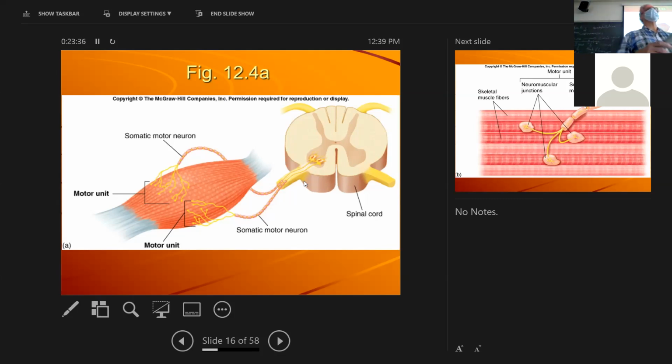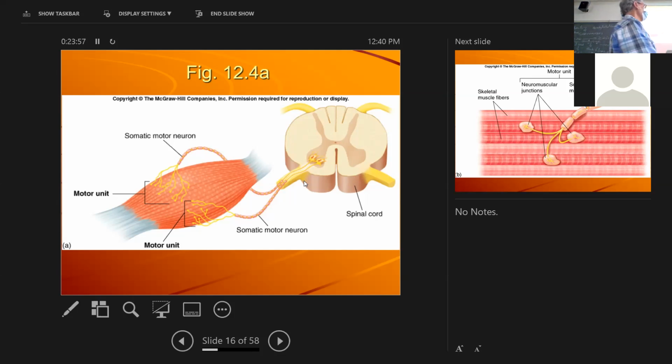Now, let's think about this from a clinical perspective. Polio virus infects the GI tract. It then uses the nerves that innervate the GI tract. It follows up those axons in a retrograde fashion.